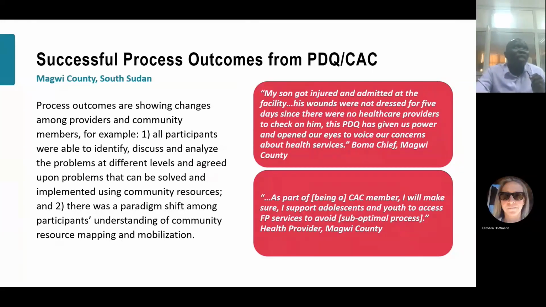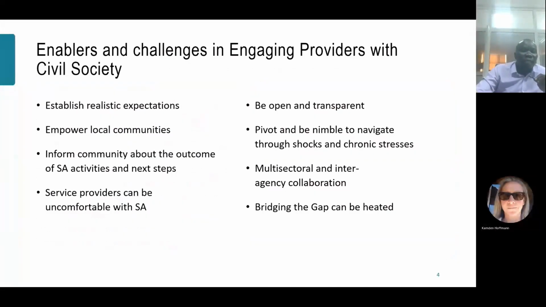For example, the community realized the importance of coming together and having a joint vision of what they want as a community. Second, the community were able to use the ideas of partnership-defined quality to come together and pool the limited resources they have to get the change they want.